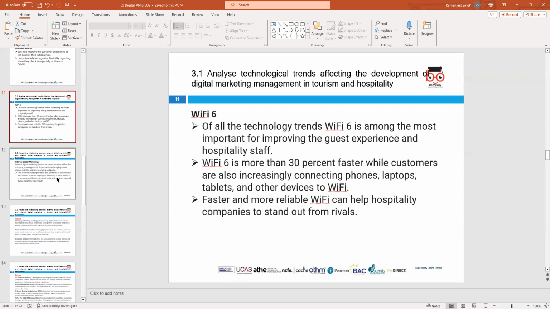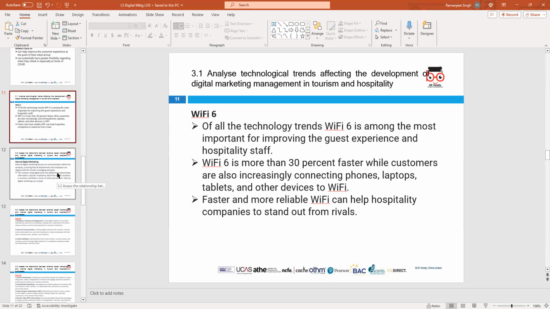They want to make sure that these restaurants or hotels stay ahead of the game so they can compete for their customers, and customers feel good when the Wi-Fi where they are staying is faster than other hotels.